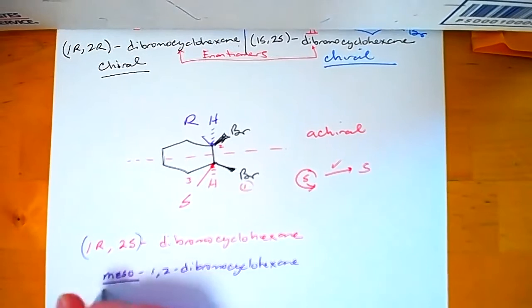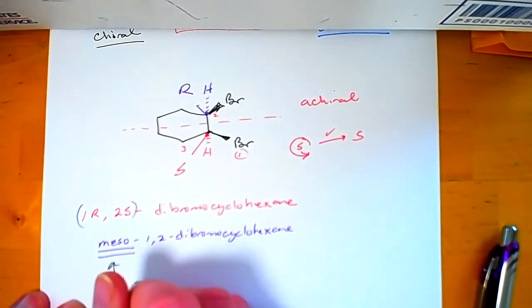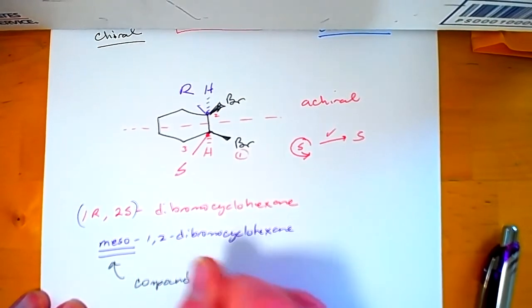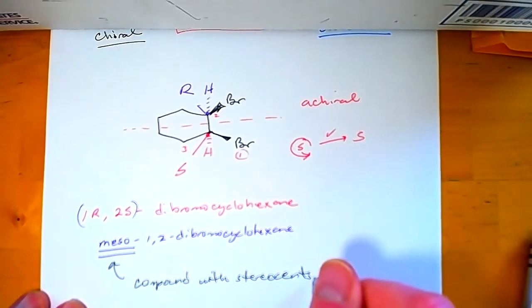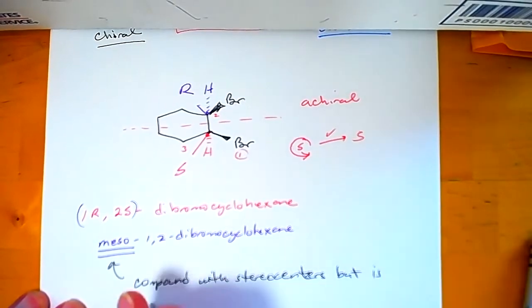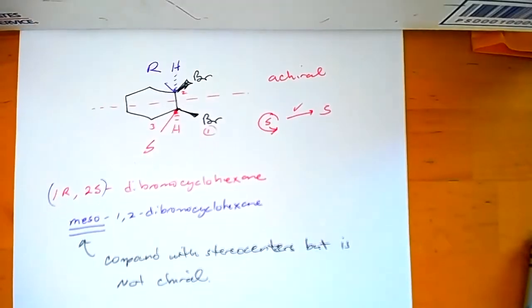And what that meso indicates is this is telling you that this is a compound with stereocenters but is not chiral. Okay, so compound with stereocenters but is not chiral.